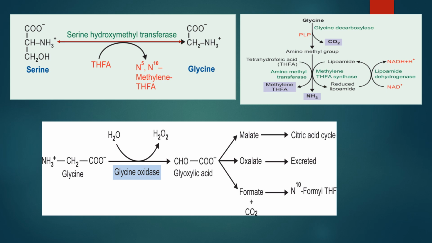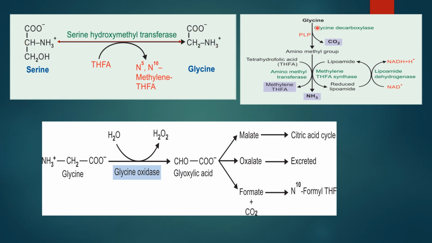So we can see it here in this particular reaction. Glycine can be converted back to serine, and this reaction works both for synthesis of glycine from serine and vice versa.